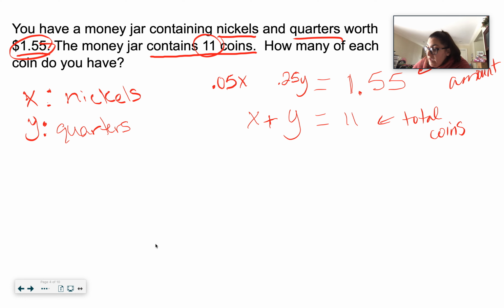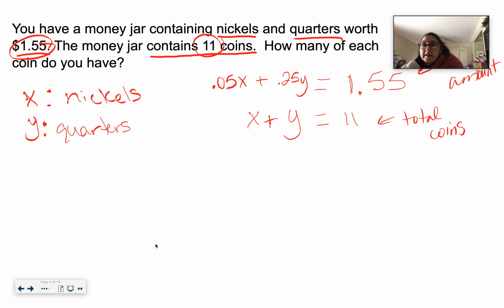I'm going to add them together. Okay? So I have my two equations now, right? 0.05x plus 0.25y is equal to $1.55. And then my other equation is x plus y is equal to 11, because my goal is to find out how many of each coin I have. So I want to know how many nickels I have, and I want to know how many quarters I have.